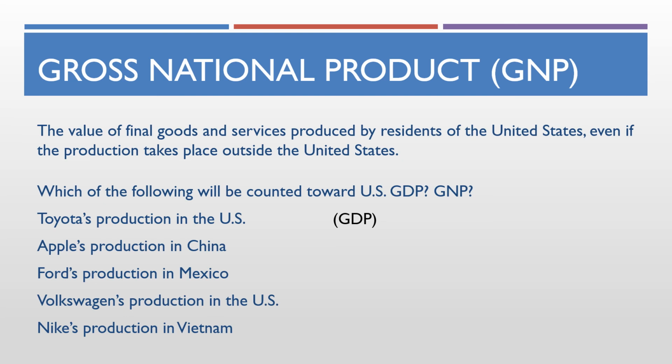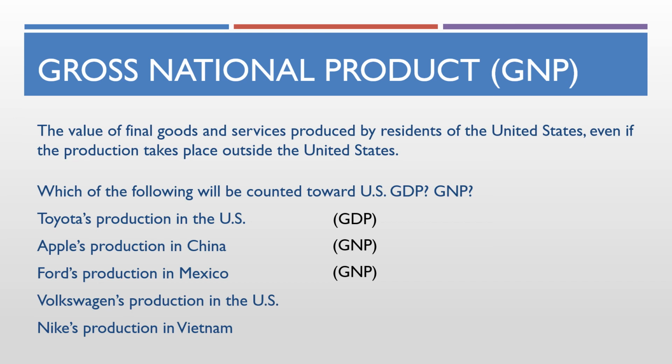Again, the reason it counts towards GNP is because Apple is owned by US citizens. And Ford, again, is a US citizen-owned company, and therefore anything they produce should count towards GNP. Even when the production takes place in Mexico, it should always count towards the US GNP calculations.